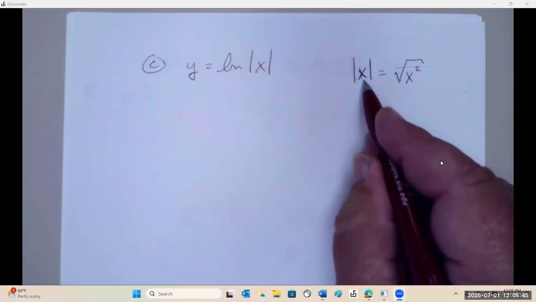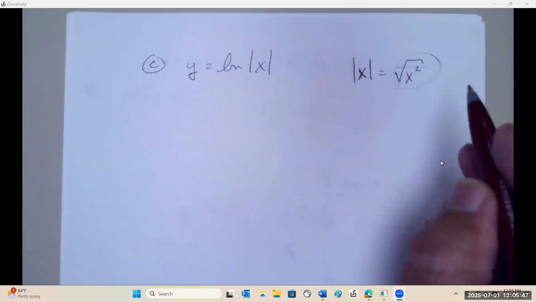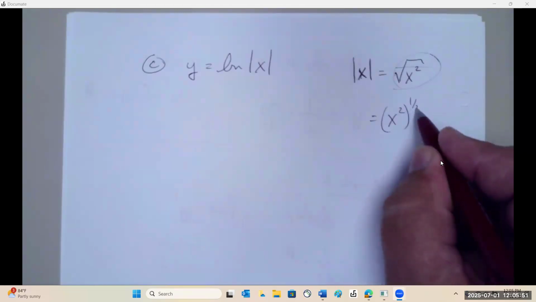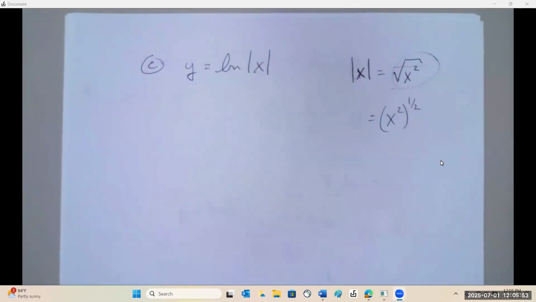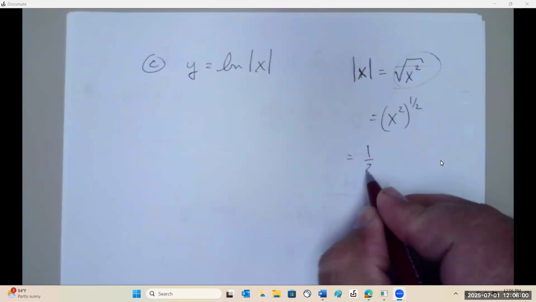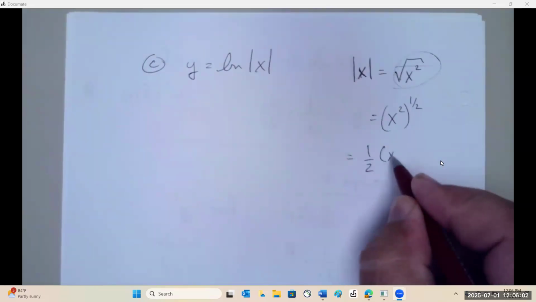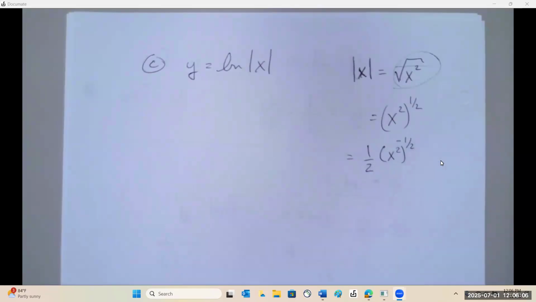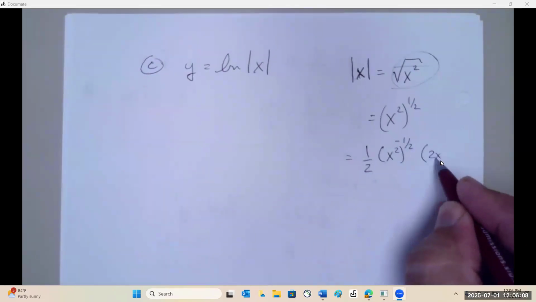So when you take the derivative of this, you have to use the chain rule, times the derivative of the inside, which is 2x.